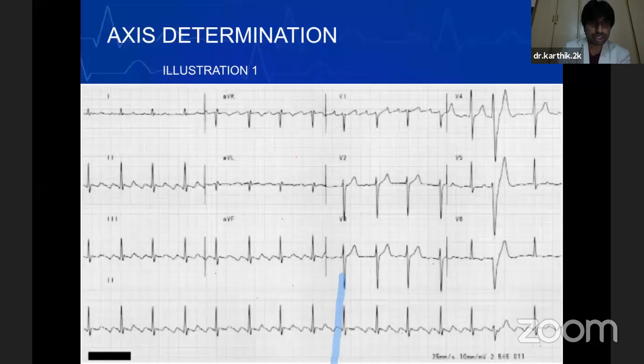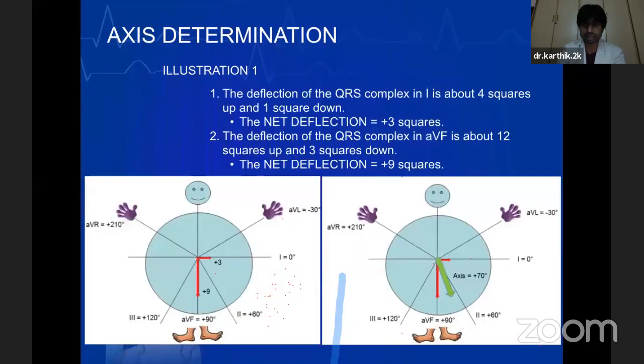So here you see the lead 1 and lead AVF, because these are the perpendicular leads. So in lead 1, if you see, QRS is net positive. And similarly in lead AVF, QRS is net positive.